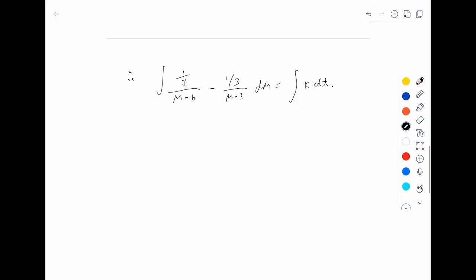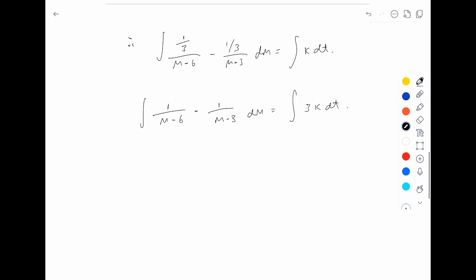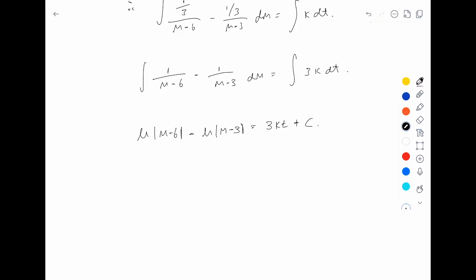And so we get 1/3 times (1 over n − 6 minus 1 over n − 3) dn is equal to k dt, which means then that (1 over n − 6 minus 1 over n − 3) dn is equal to 3k dt. Fully integrating this now, we get ln|n − 6| minus ln|n − 3| is equal to 3kt plus c.